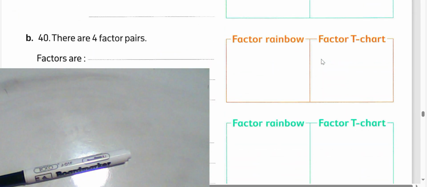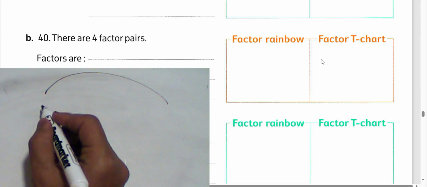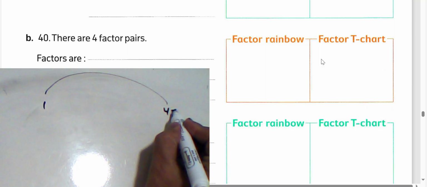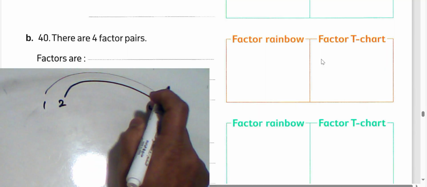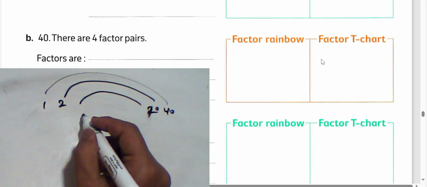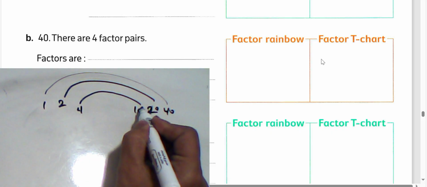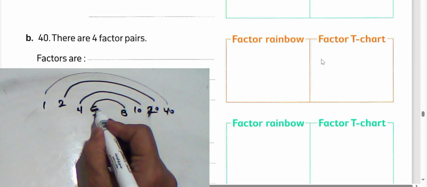Next question. 40 has 4 factor pairs. We can write first 1 times 40, second 2 times 20, and third, no, write 4 times 10 equals 40, and 5 times 8 equals 40.